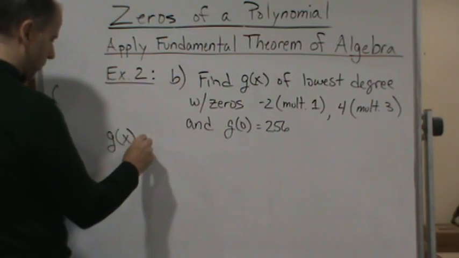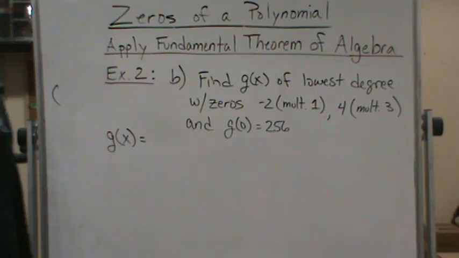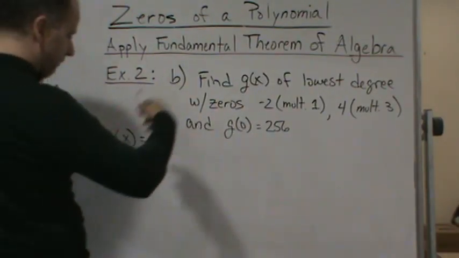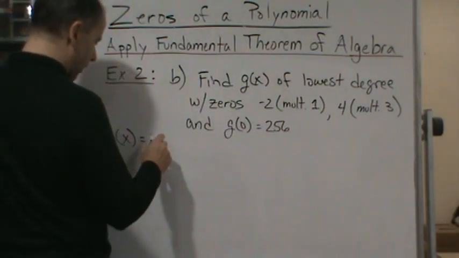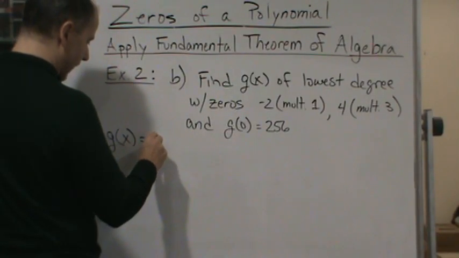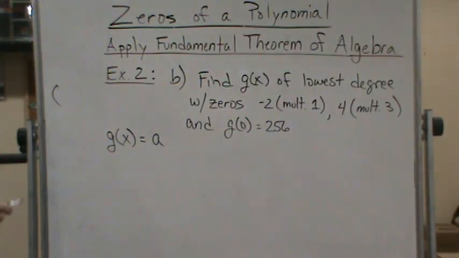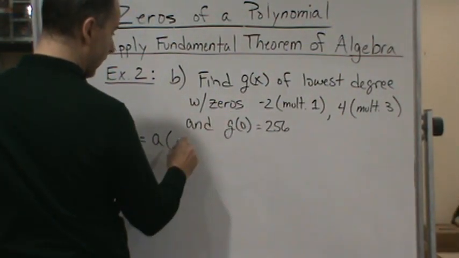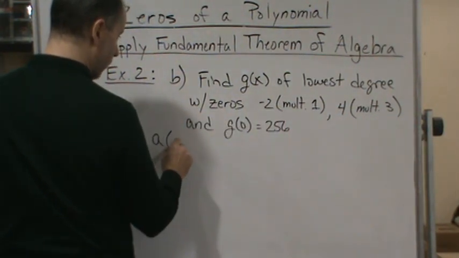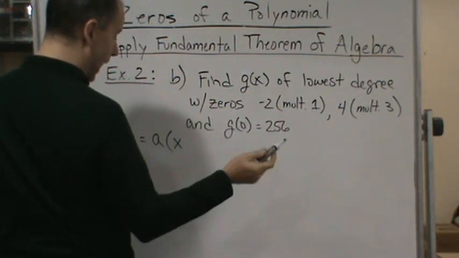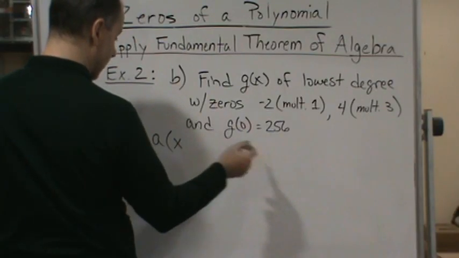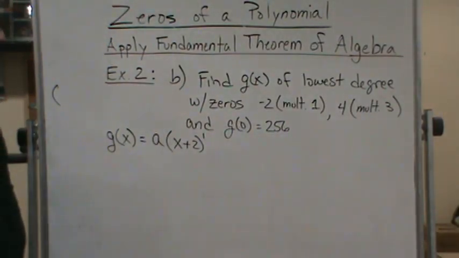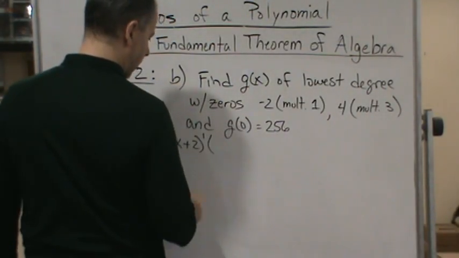So g of x equals, now just like before, don't forget the a value, right? Because again, this represents a family of polynomials that would satisfy these. So let's put an a in here, because we don't know what a is. It's just non-zero. And now, given the zeros, we know -2 is a 0. So one factor is going to be x minus -2, which is x plus 2, with a multiplicity of 1, so it just has an exponent of 1.